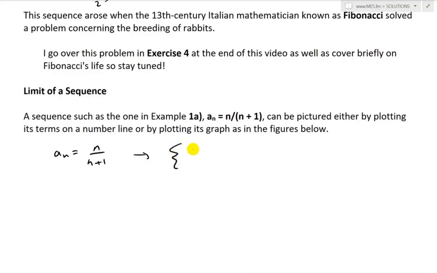We'll have 1 over 1 plus 1, the first term is 1/2, then 2 over 3, then 3 over 4, then 4 over 5, and it keeps going on until eventually we get something like 100 over 101, dot, dot, dot, and it keeps going on to n over n plus 1.